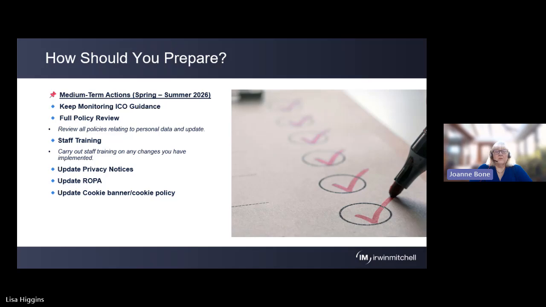So that's a quick canter through the changes. As you'll see, they're quite diverse in terms of the areas that they impact upon. We should be getting some guidance very soon. But that is the end of our presentation.